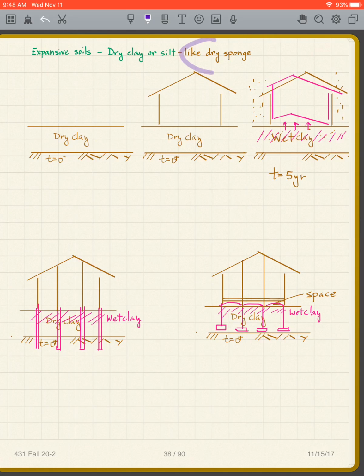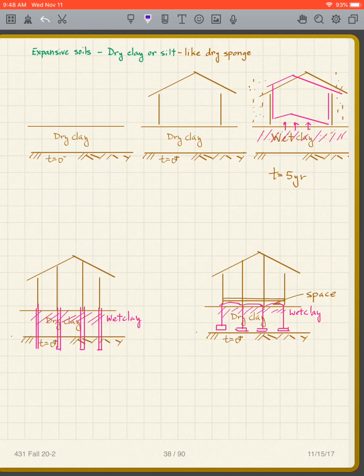It's like a dry sponge. So if I were going to explain it to you, you've all had a sponge sitting on your sink, and first it's wet because you've just used it. You set it at the side of the sink and it dries out. Well, what happens to it when it dries out? It basically shrinks down.